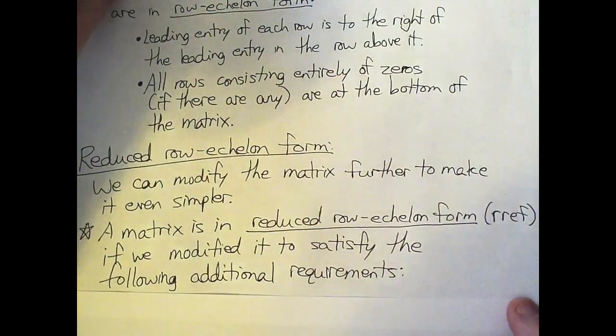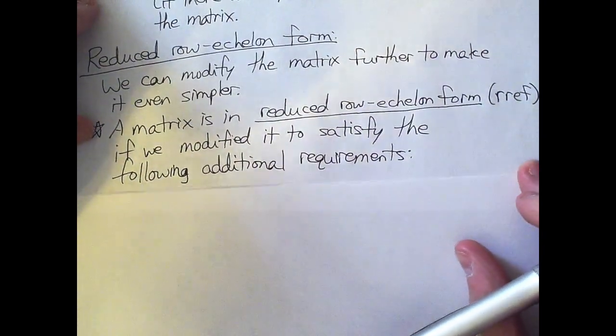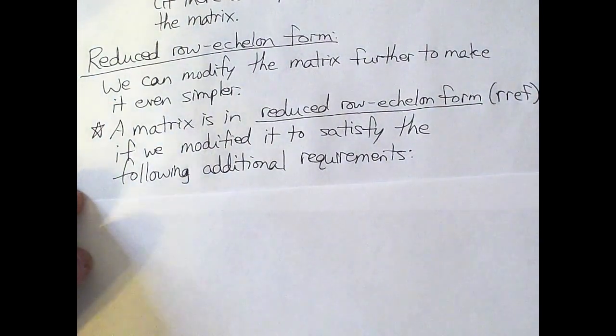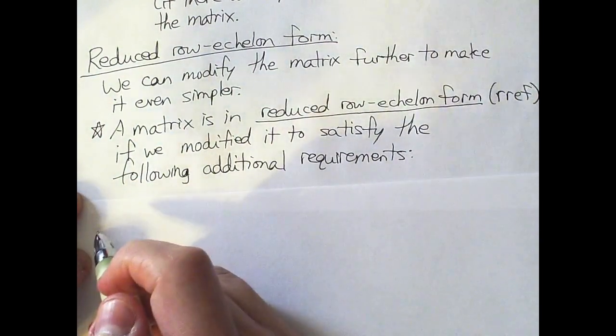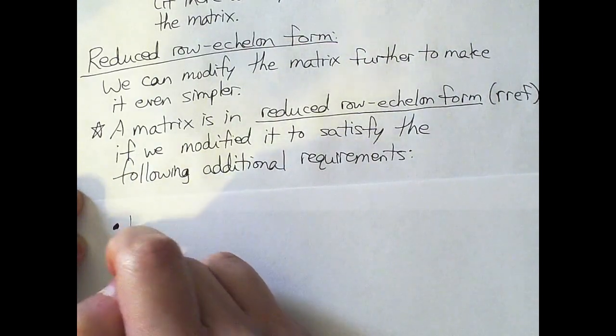By the way, when I say modify the matrix, it's still with those same steps: adding a multiple of a row to another row, multiplying a row by a constant, or interchanging rows. You want to get these additional properties.